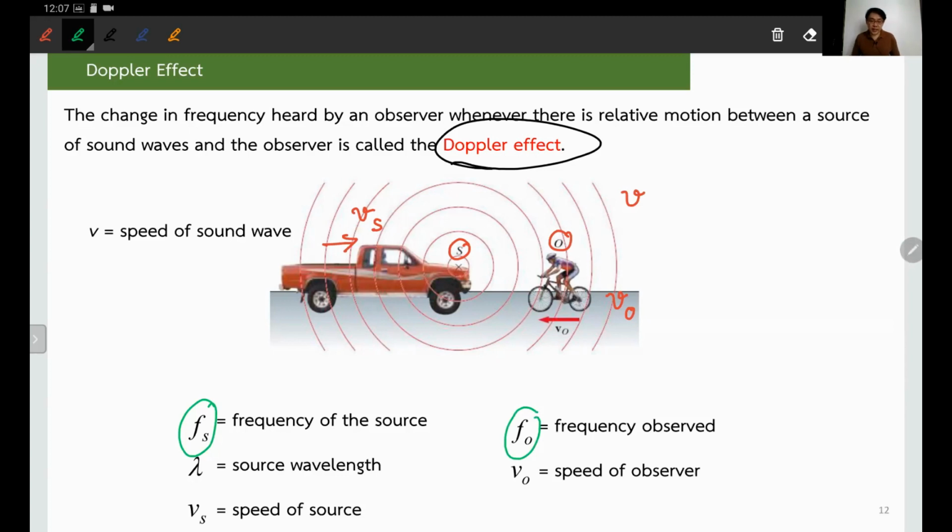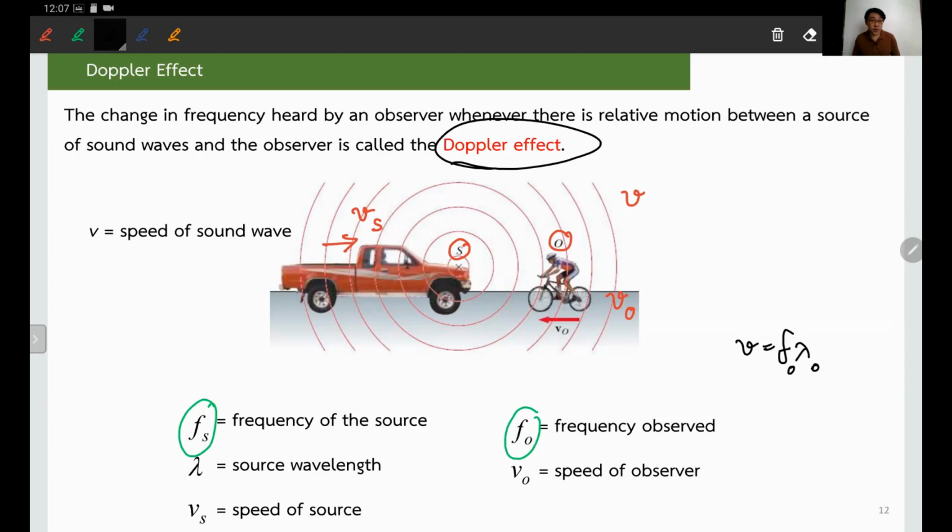So we are going to focus on the frequency first, and if you really want to get back to the wavelength, you can do that through v equals f lambda all the time. That's no big deal. If you want to figure out the wavelength that the observer can observe, you can just use the subscript O for that.